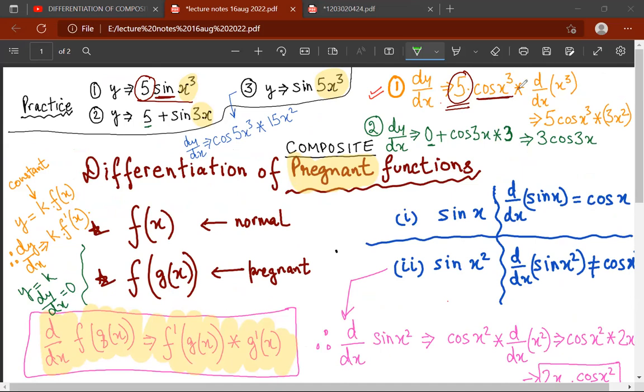And then multiplied by the differential of the baby function. Differential of the baby function would be 3x squared. Is it making sense, Avantika? See, if you are not asleep as yet, you would understand that this can be written as 15x squared cos x cube. This was the answer I got yesterday, actually.